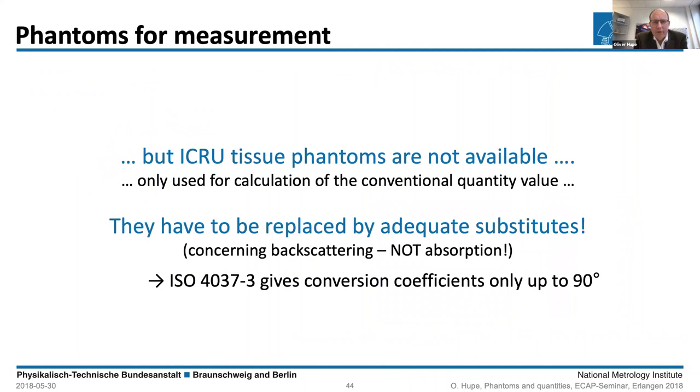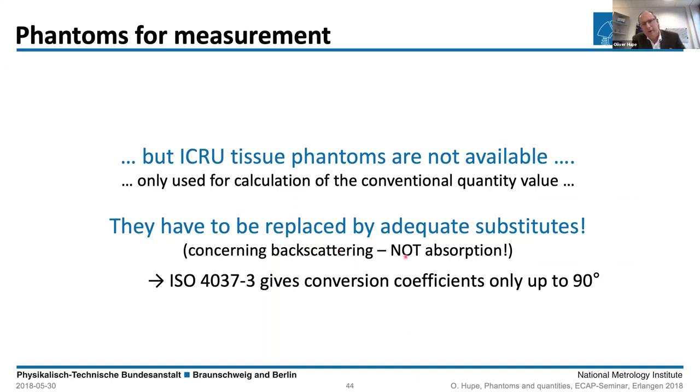ICRU tissues are not available, but we have to perform calibrations on phantoms. Now that's the point where ISO comes in. From the ISO point of view, we substitute these ICRU tissue phantoms by adequate phantoms, which will be similar concerning the backscattering, but not the absorption.